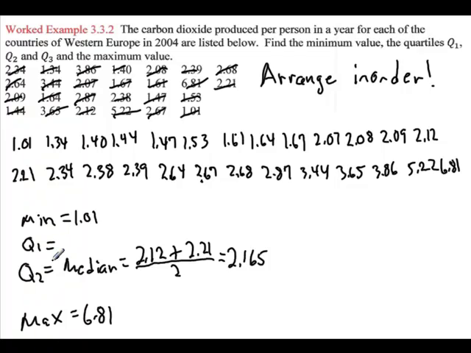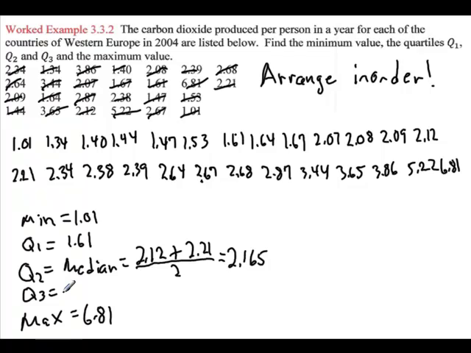Last but not least, I do my first and third quartiles, Q1 and Q3, and I just take Q1 and use the median of the lower half of the data set. So that's going to be our first 13 values, and so the median of those 13 values is going to be in the 7th place. 1, 2, 3, 4, 5, 6, 7, which is 1.61.